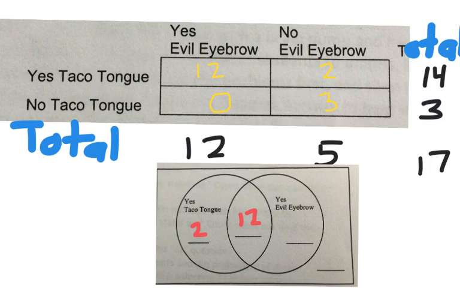In this circle is 14, which represents everybody that could do the taco tongue. 12 of them are in this part of the circle, 2 are in this part of the circle. Now here, how many would be here? They can do the evil eyebrow, but they don't fit into the taco tongue. So how many could do the evil eyebrow, but not do the taco tongue? 0. Nobody. So I have nobody in this sample space. And then how many people couldn't do either one? 3. 3.